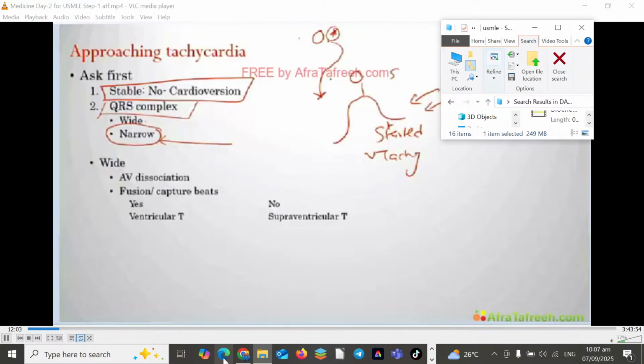It came down directly into the muscles. It did not go through the conduction system. If it came down the muscles, the musculature, this can also result in a wide complex tachycardia. The only differentiating feature between a narrow complex and a wide complex is that narrow complex traverses the conduction system.